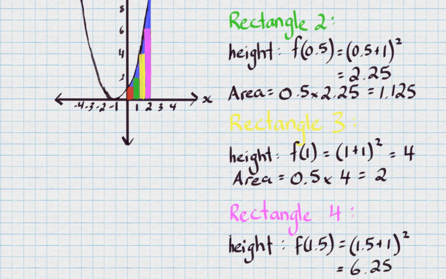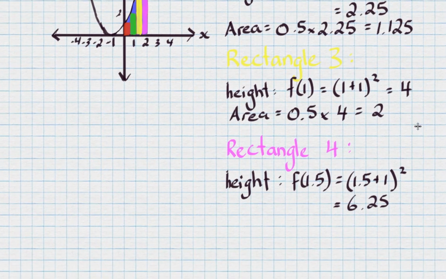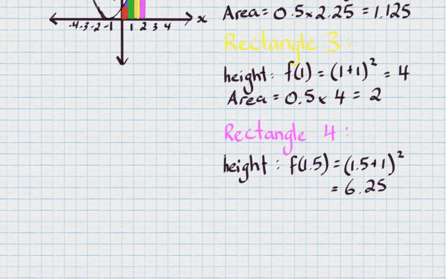When we then multiply by 0.5 to get the area, the area is 0.5 times 6.25, and that is 3.125.